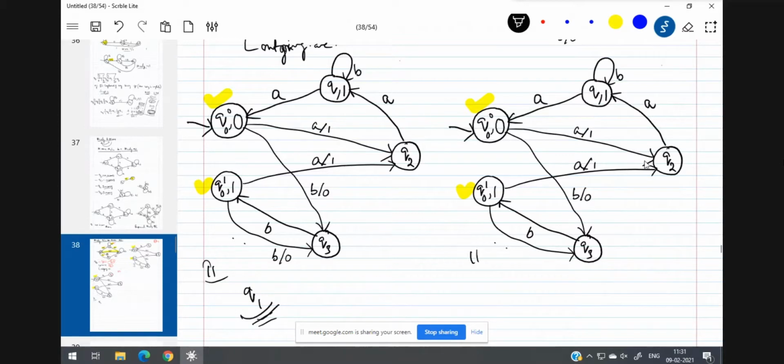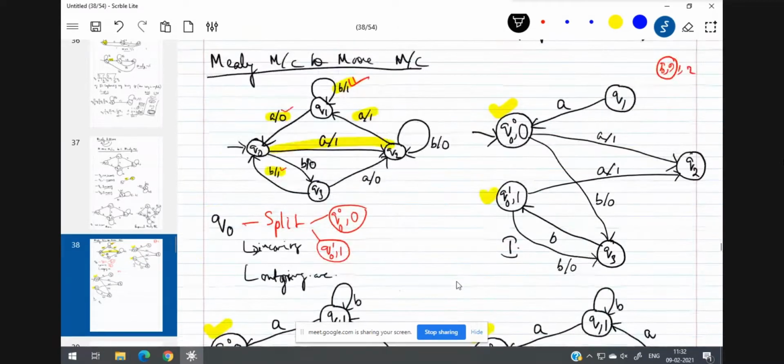Next one is 3. I'm going to check out for Q2. Now let me go back to the original provided machine. What about this Q2?